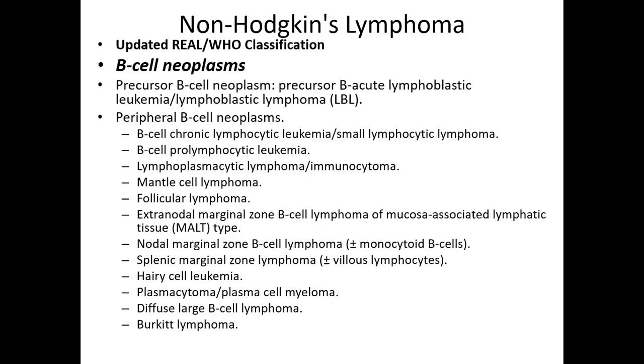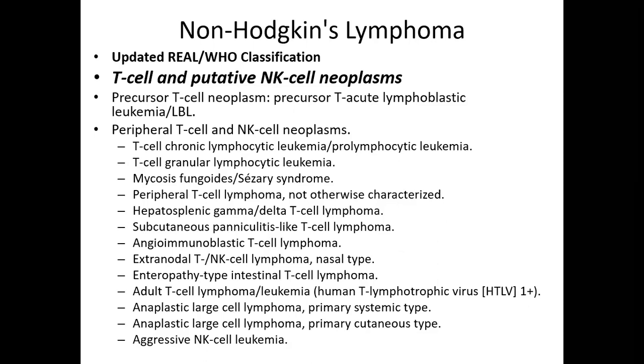The most recent classification is the updated WHO classification. We classify the non-Hodgkin lymphoma into B-cell neoplasms. It has many subtypes. You are not requested to memorize all of them, but we are going to select a few common entities for discussion.